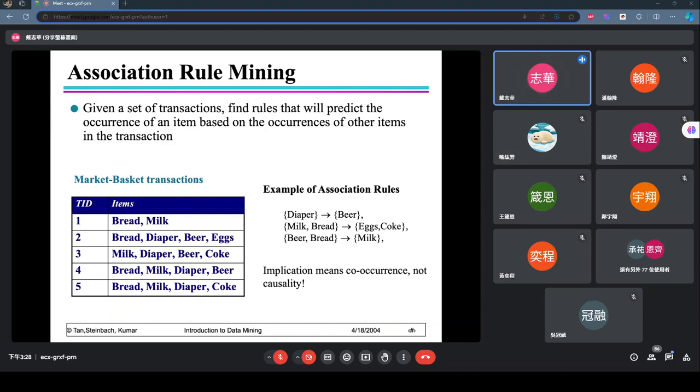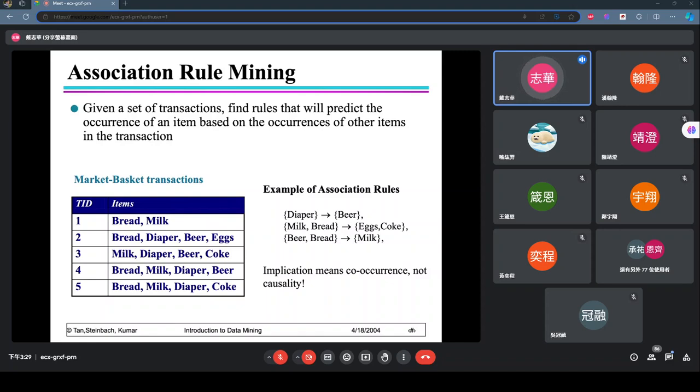And this table is the collection of those lists. So here it means there are 5 transactions and item sets. This column means the content of each transaction.